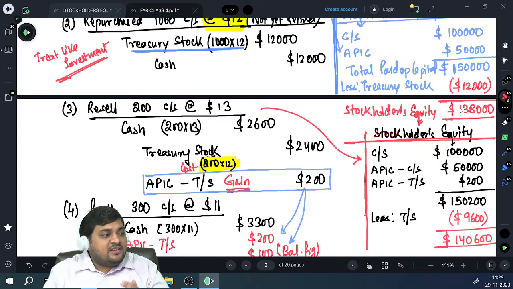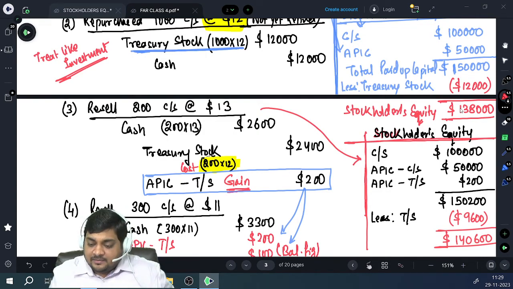So after every entry you can just change the stockholders equity. Okay.